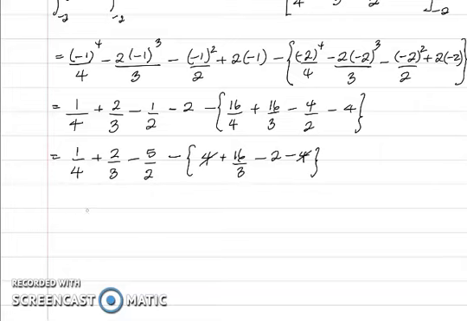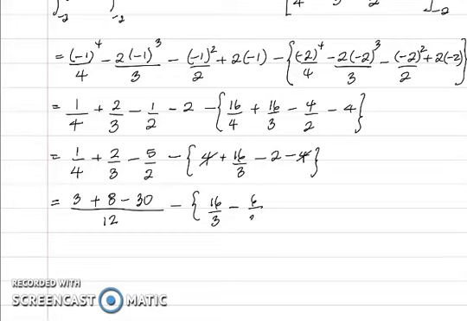The LCM being 12: 4 into 12 goes 3 times, 3 times 1 is 3. 3 into 12 is 4, 4 twos are 8. Minus 2 into 12 is 6, 6 times 5 is 30. Minus, over here, I have 16 over 3 minus 6 over 3, since 2 is the same as 6 over 3.